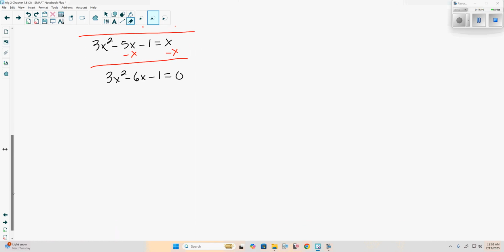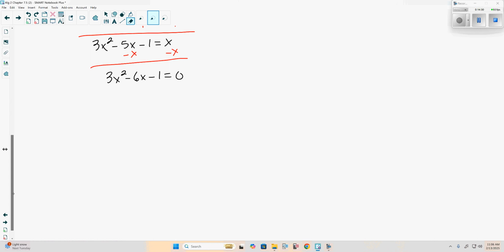I will tell you this here, that doesn't factor. There's no way we can use the factors of 3 and 1 and somehow get 6. It's just not going to work, especially since the third term, our 1, is negative, which means the signs are opposite. So it's going to be working against it.